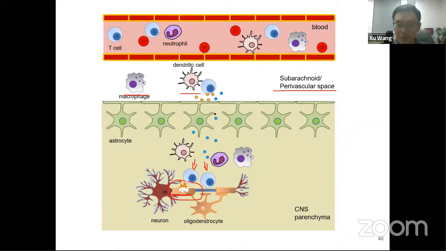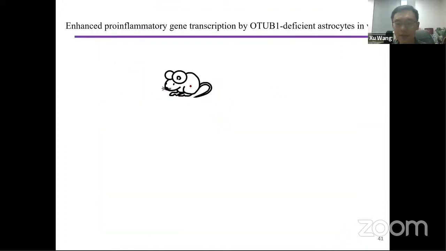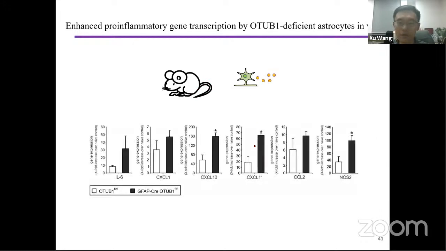To confirm this, we isolated astrocytes from EAE mice and then analyzed chemokine production. Indeed, the astrocytes from the OTUB1 deficient or knockout mice produced more chemokines than control astrocytes.